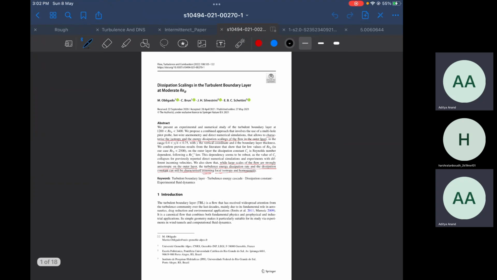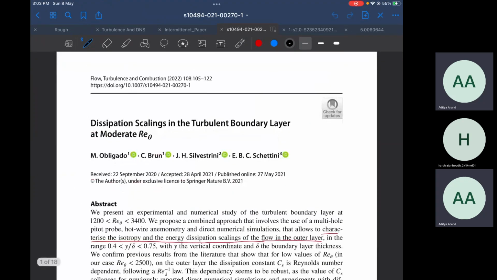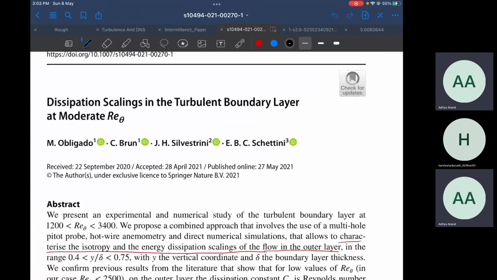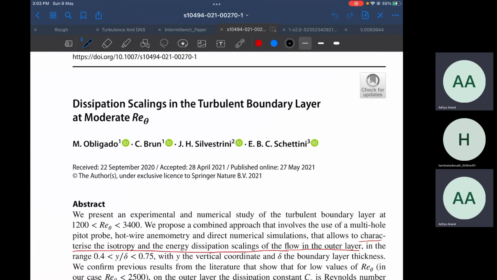So the other paper that I wanted to discuss is this one. It's again somehow related to the energy cascade itself, but it addresses the scaling of dissipation.